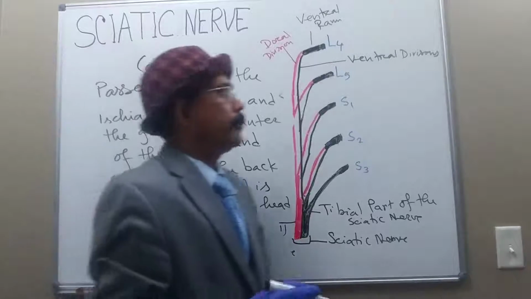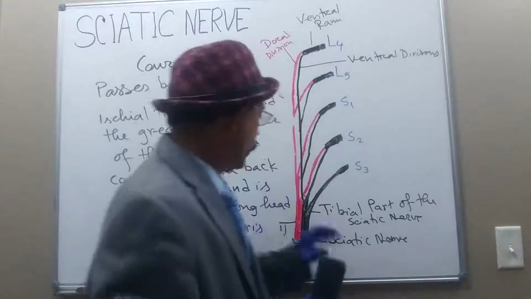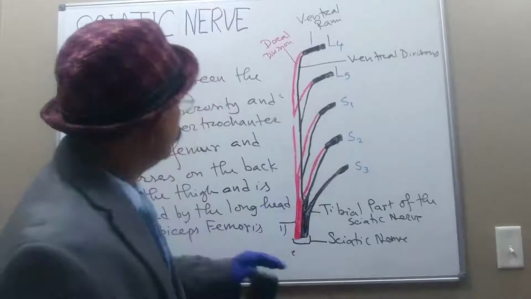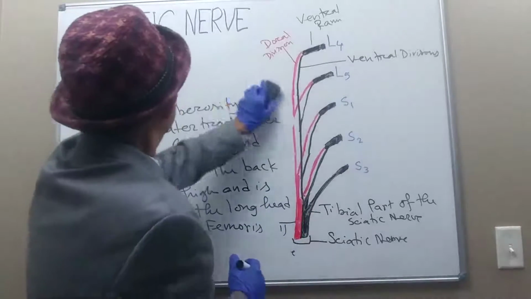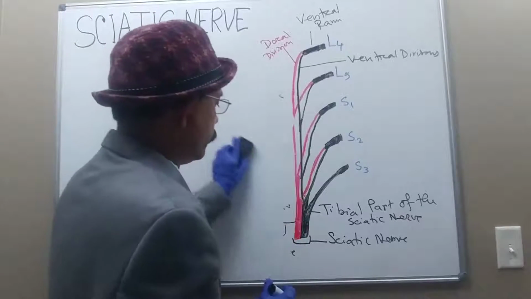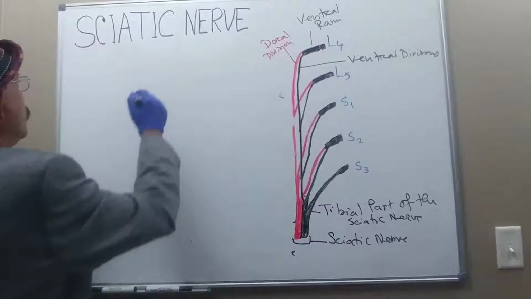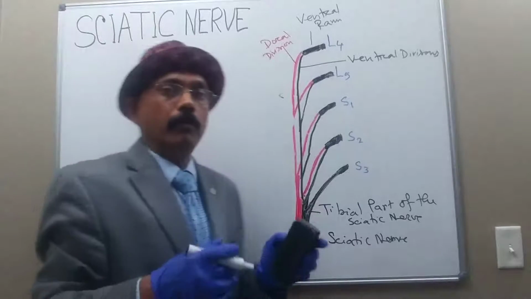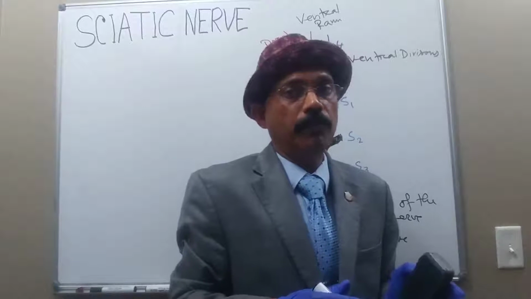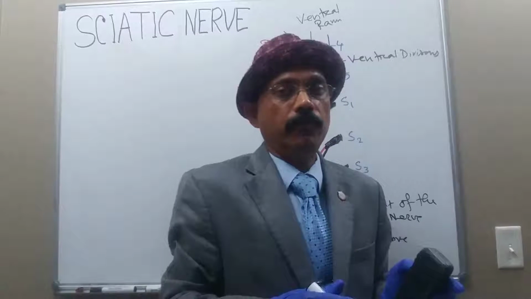In its course, this nerve is long, so it goes over multiple muscles. So relationship of the sciatic nerve, we got it is covered by the gluteus maximus and by the long head of biceps femoris.